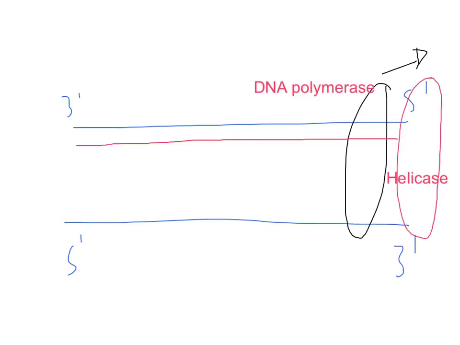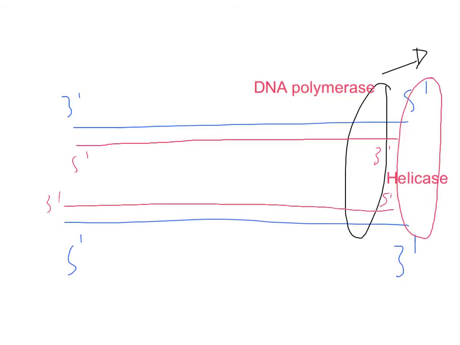The annoying strand is this 5' to 3' strand, because DNA polymerase can't add free nucleotides to it, because it can only add in the 5' to 3' direction of that new strand. And because this is already 5' to 3', we know we're going to need to make a strand going that way from 5' to 3'. So that's annoying because our DNA polymerase can't do it.